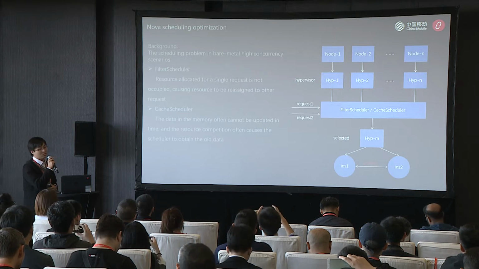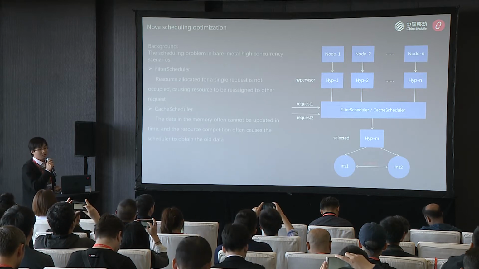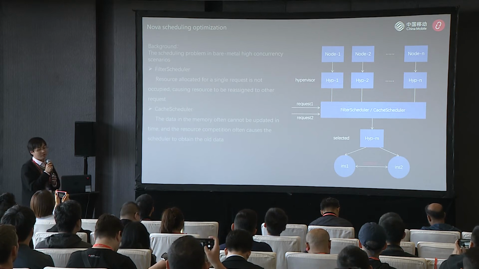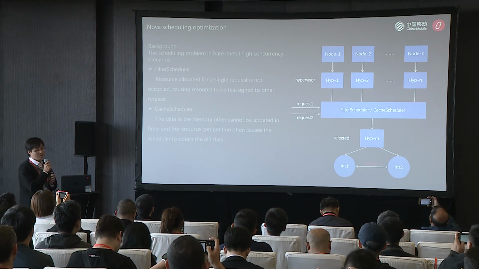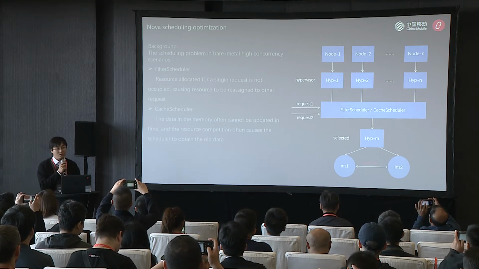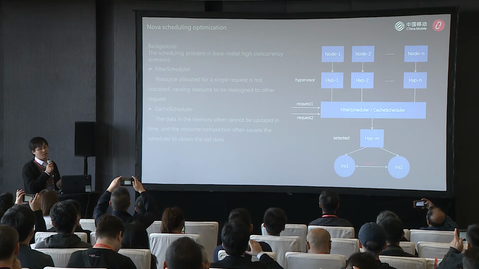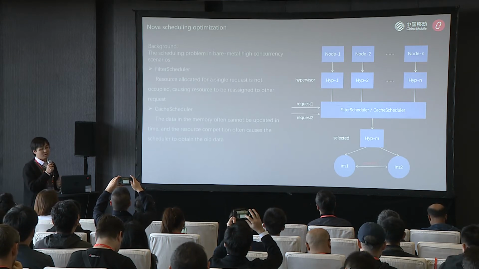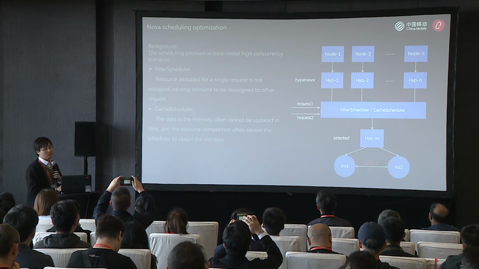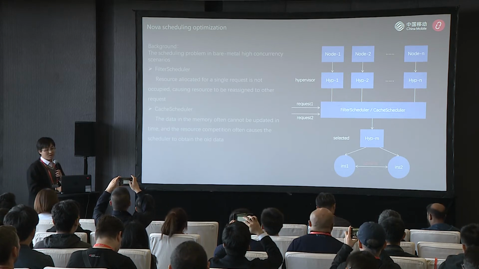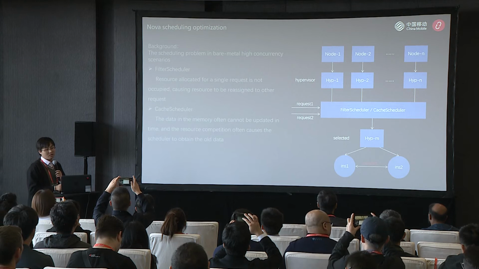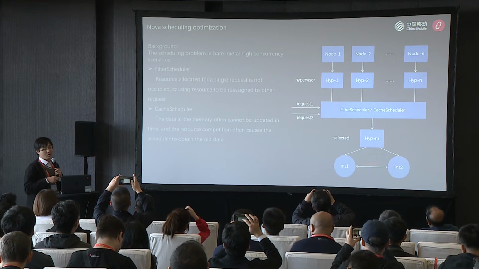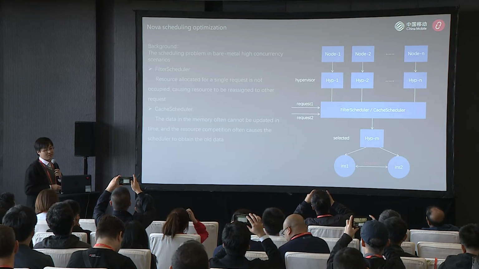First, let me introduce the two schedulers recommended by the community: the filter scheduler and the cache scheduler. The difference between these two schedulers is where the host state comes from. The filter scheduler gets host states from the database every time, and the cache scheduler only gets them from the database one time, when the Nova Scheduler service starts.